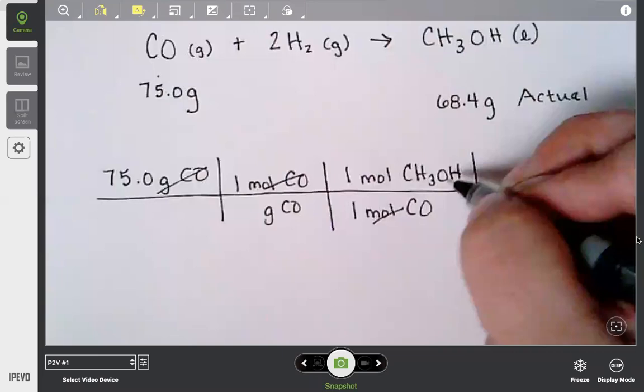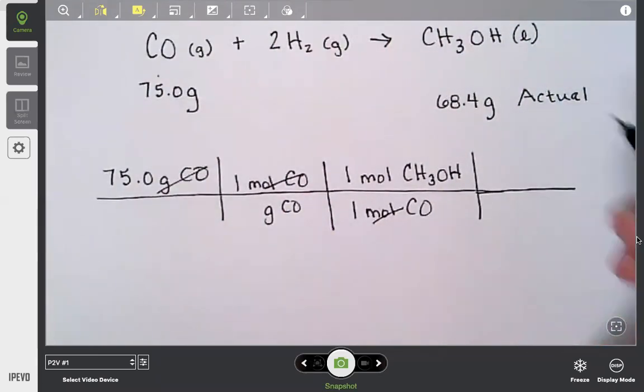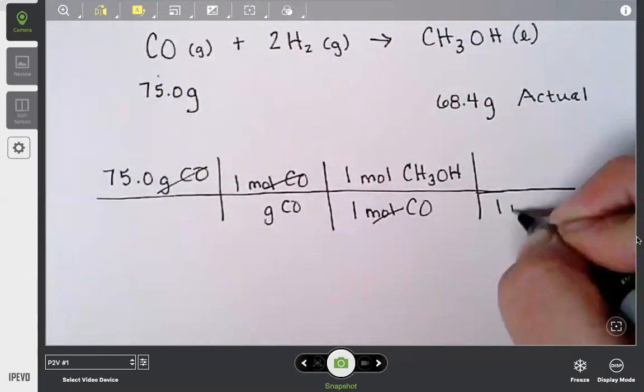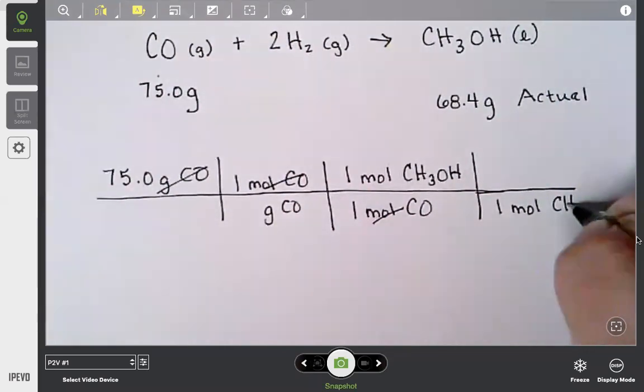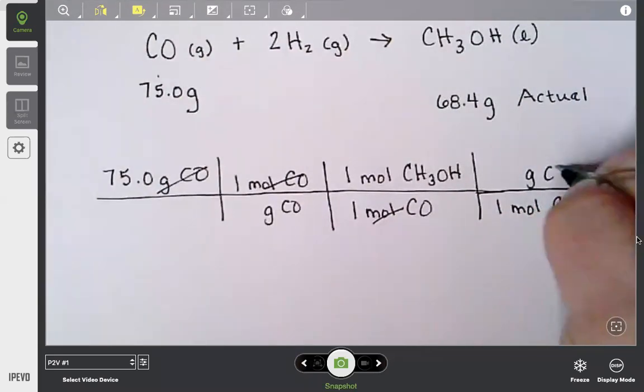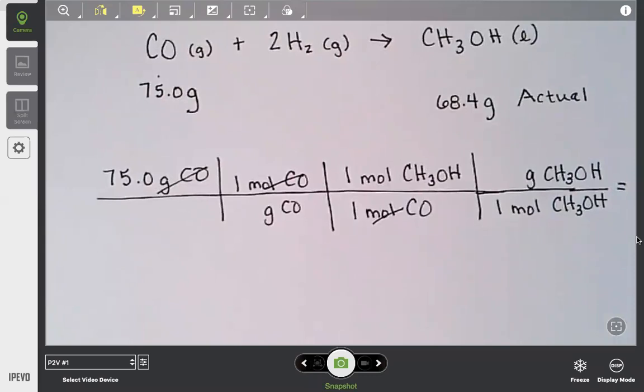And then I want to go from moles of methanol to grams of methanol, so I would do a molar mass again. That's how I usually work these out. I usually set it up and then go back in and put in my molar masses.